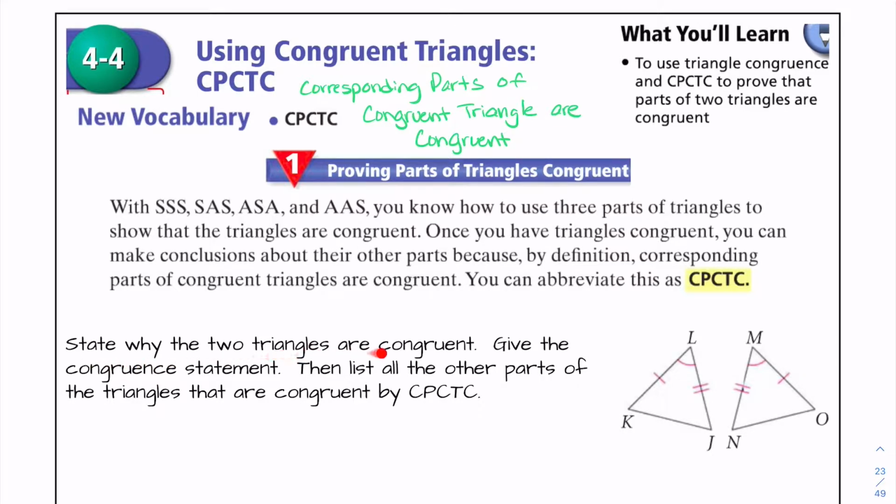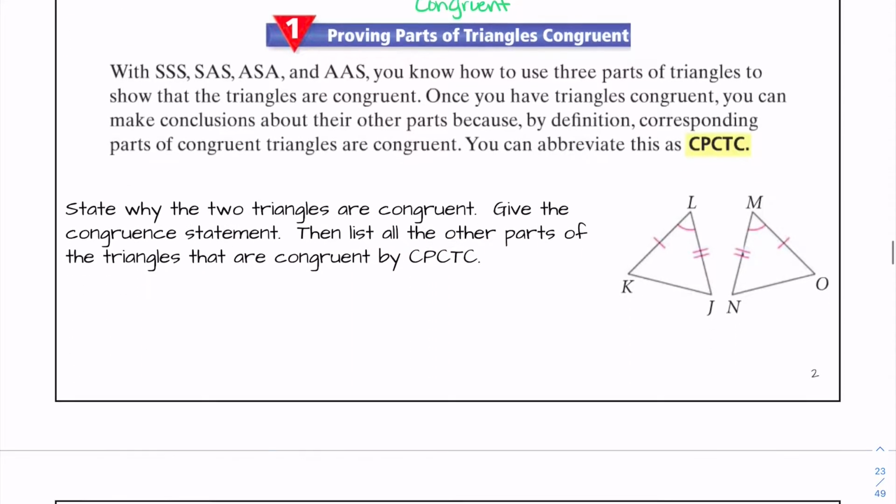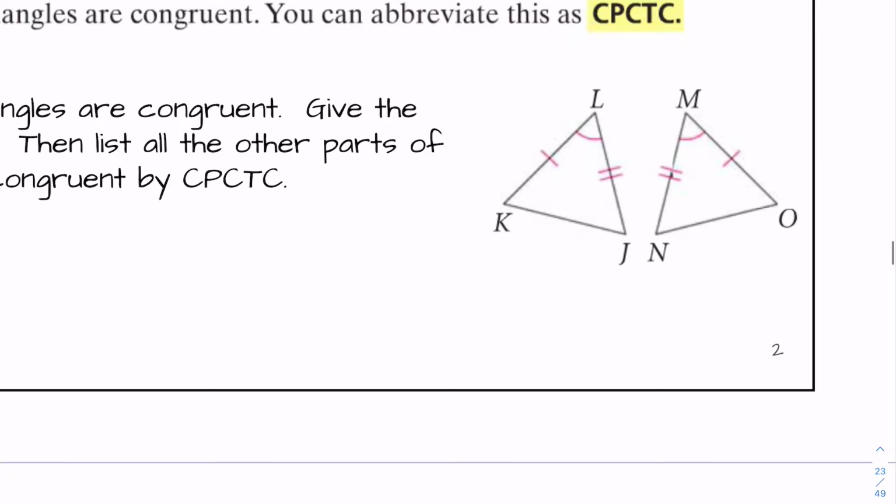State why the 2 triangles are congruent, give the congruent statement, then list all the other parts of the triangles that are congruent by CPCTC. So here's a great example. I'm going to say that KL is congruent to OM. I'm sticking with the correct order.